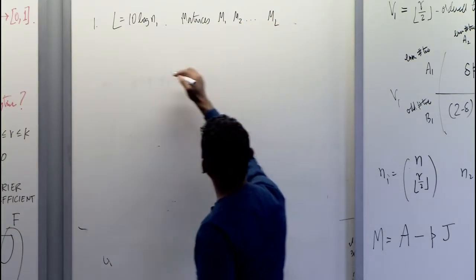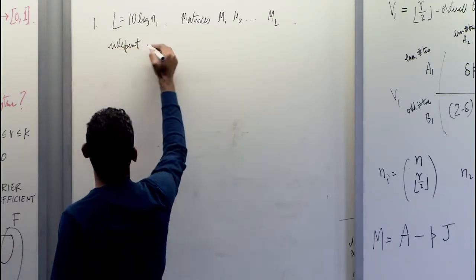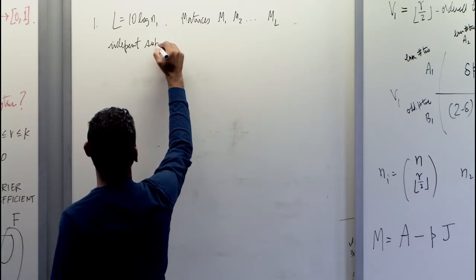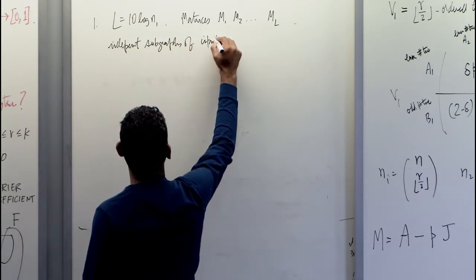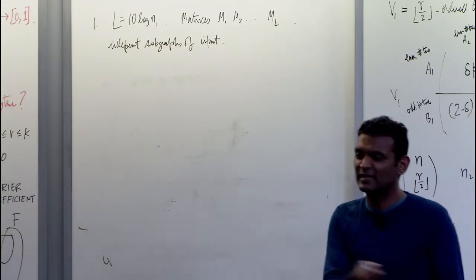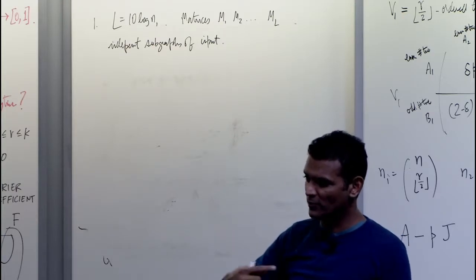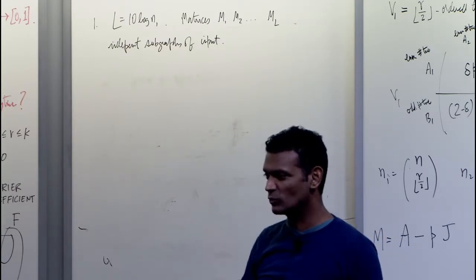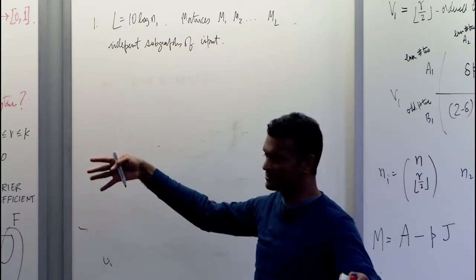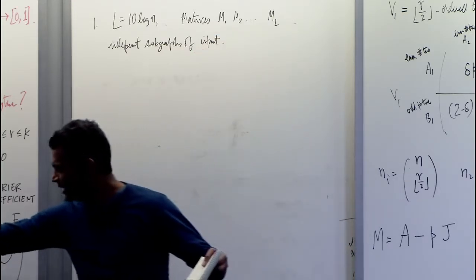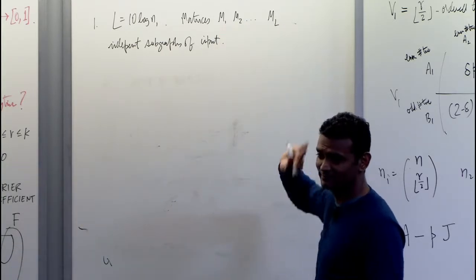These are independent subgraphs of the input. So basically take each edge and assign it independently to one of these copies. Now to make it perfectly independent, you have to do this little trick where you might have to make copies, but let's not worry about that. So what you can do is, you have the input which has as many edges as we said we need, and take every edge, assign it independently to one of these copies.